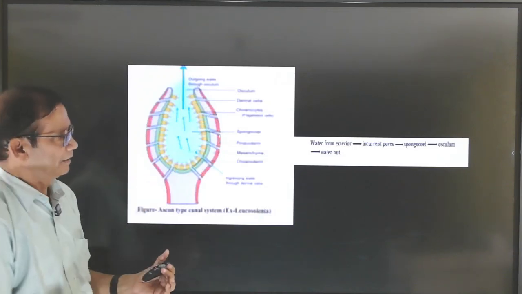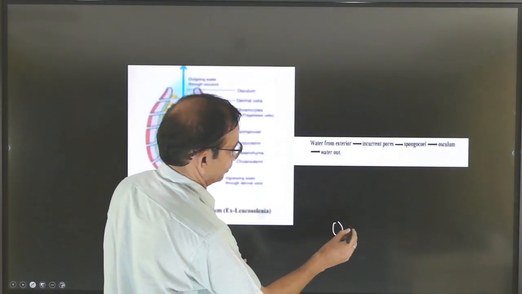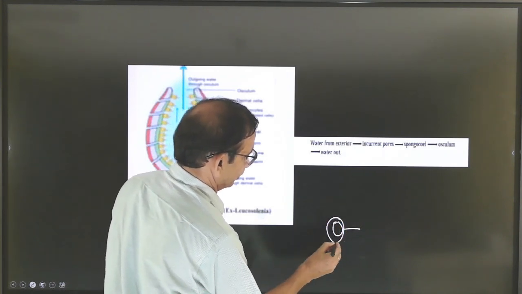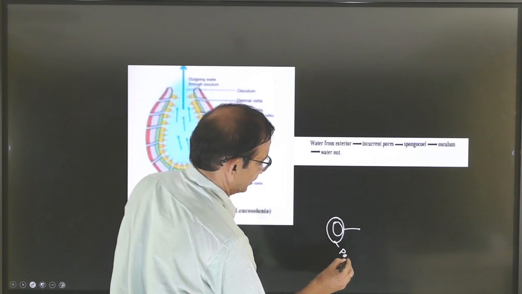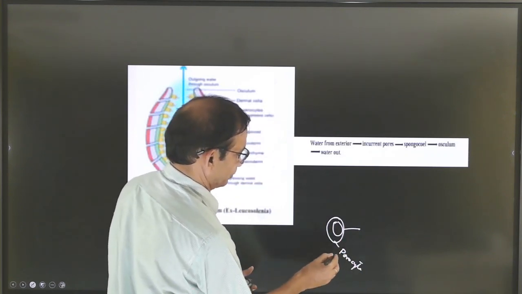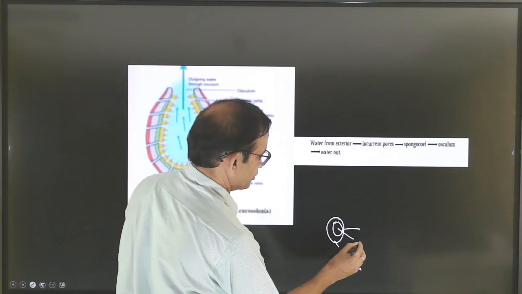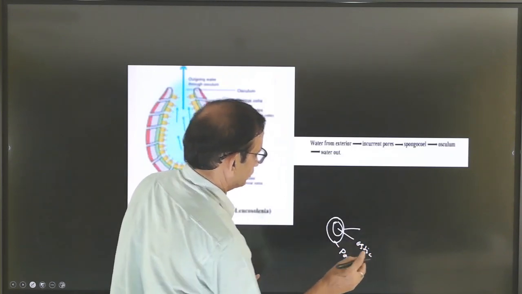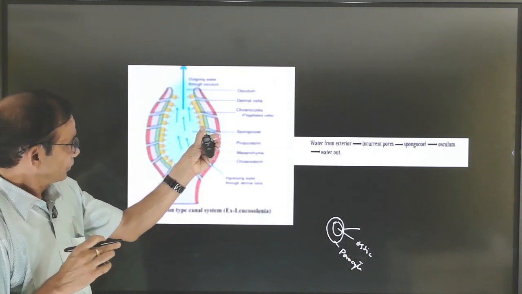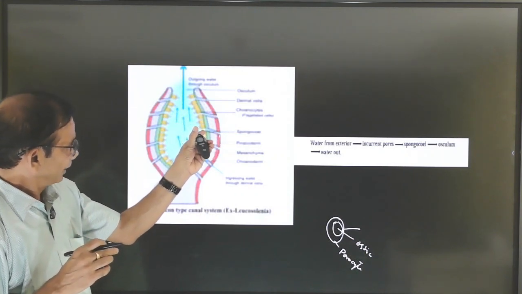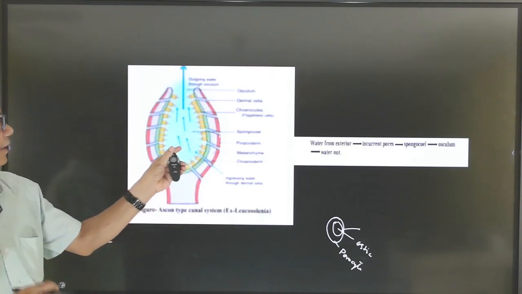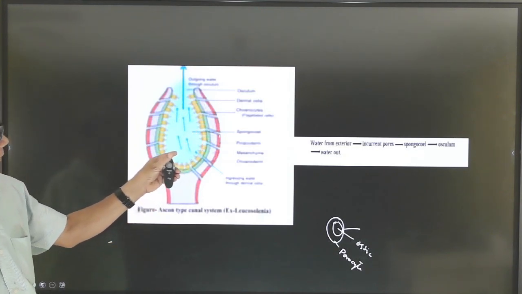These ostia, meaning pores, are present in a cell called porocyte. The cell containing a canal-like structure is called porocyte, and this is called ostia. Water moves through this ostia, passes through here, and ultimately reaches the spongocoel.